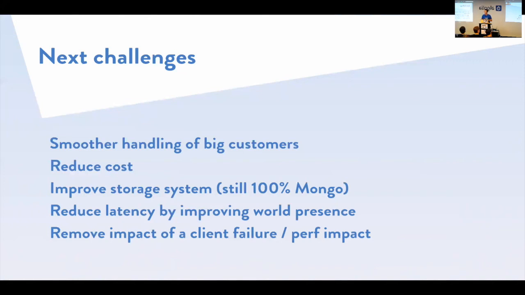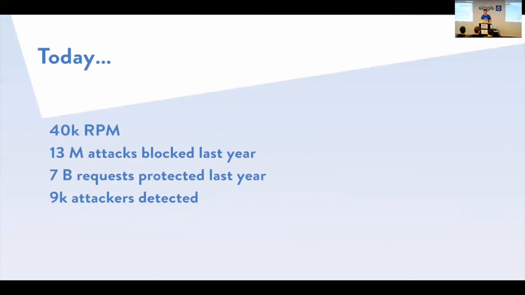We want to improve our storage system, which is still 100% MongoDB, reducing the latency, because our customers will monitor Sqreen in their New Relic, and even though it does not impact their production, that's still a metric our customers look at. And we want to remove the impact of a client failure or performance impact on anything at Sqreen. So today we have 40K RPM, and those are some numbers about Sqreen.